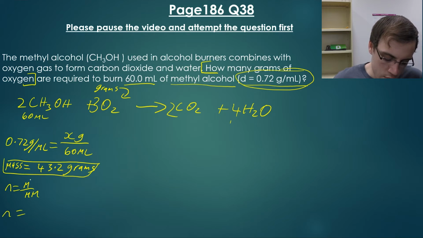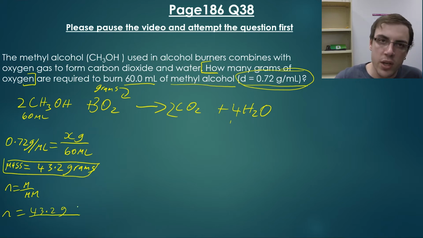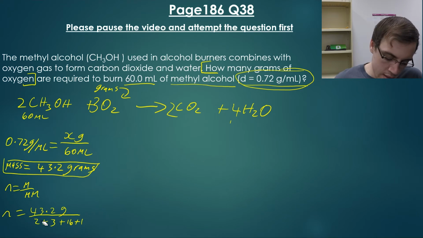Moles is equal to the mass, which is 43.2 grams, divided by the molar mass. So again, we use our periodic table. So 12 plus 3, 16 plus 1, that will give us a total molar mass of 32, meaning that our moles is equal to 1.35.